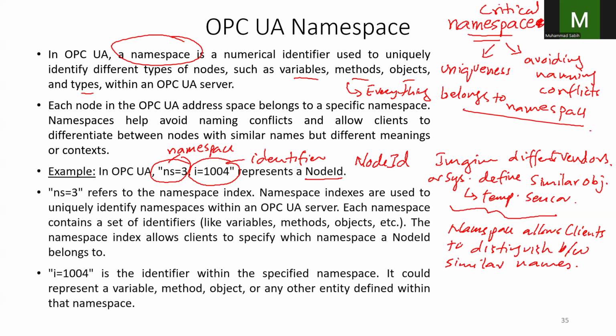This structure gives OPC UA its flexibility and scalability across industrial systems by ensuring that the meaning of each node is preserved across platforms and vendors.